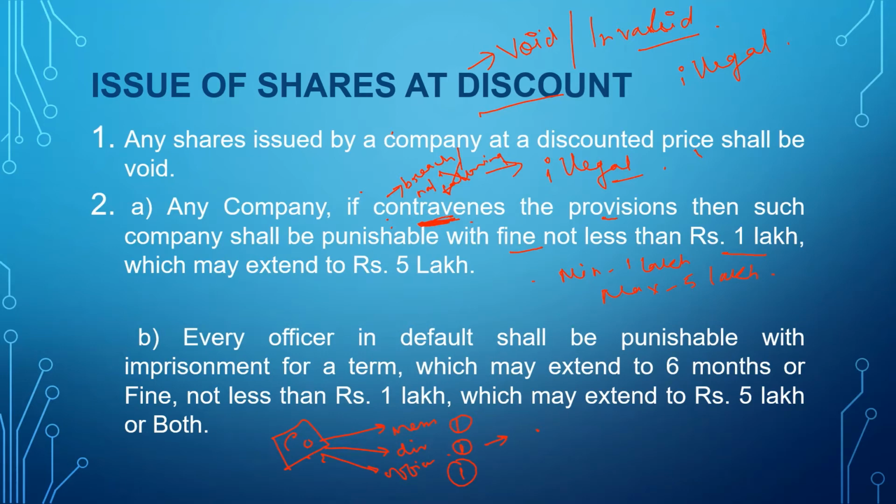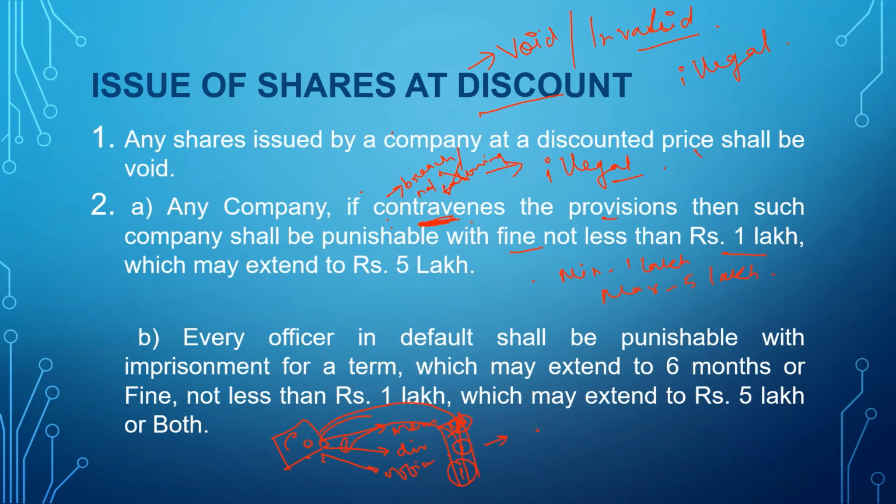The company has the right to file a case against this person, and these persons also have the right to file a case against the company. That's why we call this one of the features of the company, a separate legal entity.